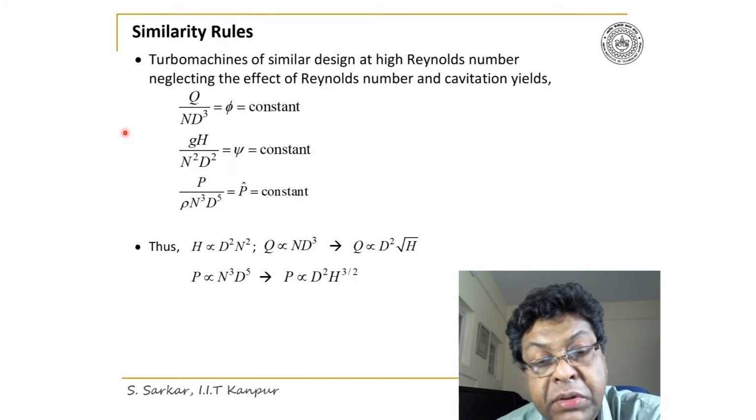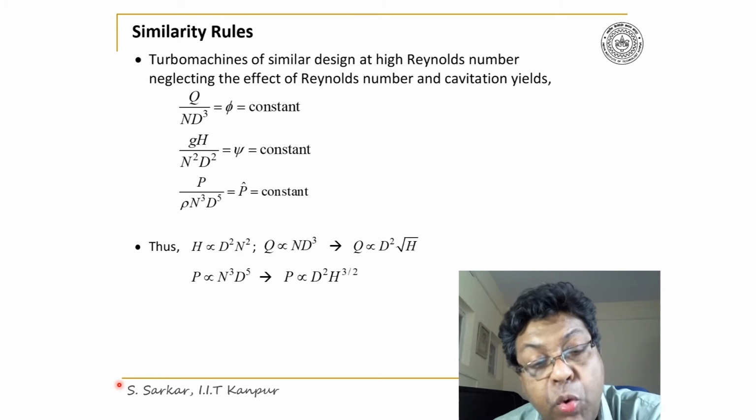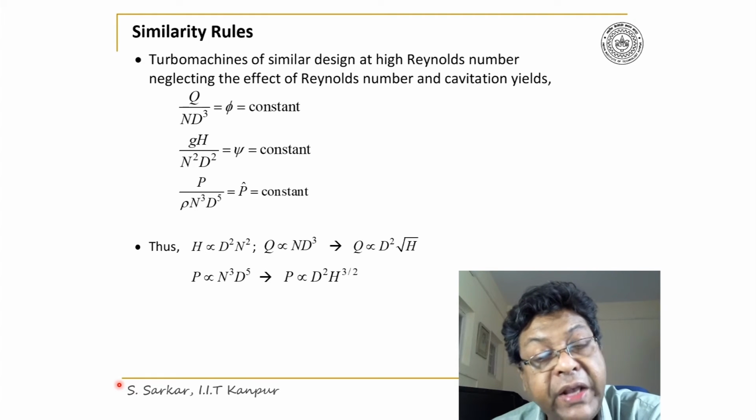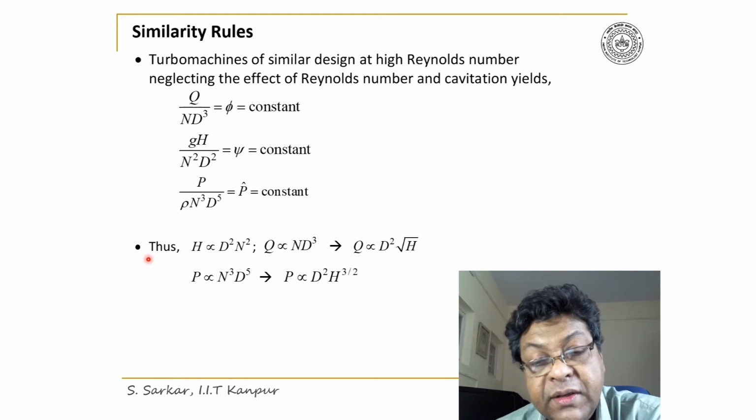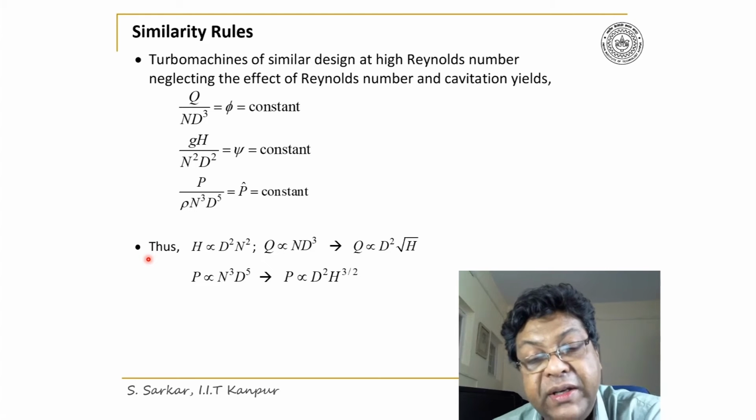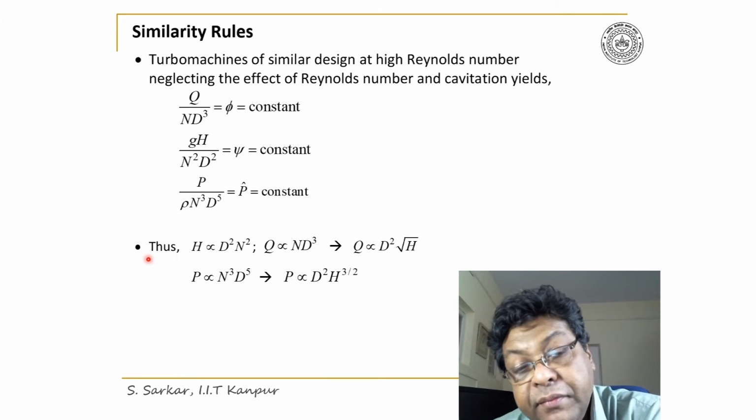Now, from this relation, we can write H proportional to N squared D squared and Q proportional to N D cubed for dynamically similar machines.